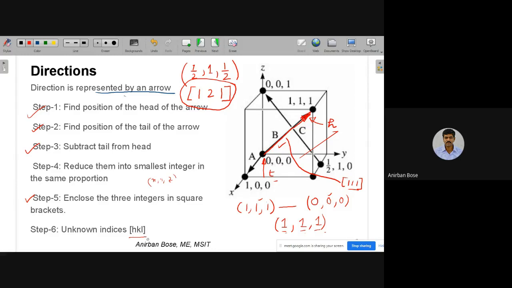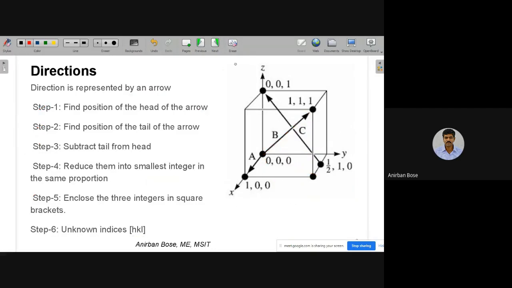These are certain conventions, that's all. Now, if you have any query regarding direction, please tell me. Is it clear to everyone? If it is clear, then find out what will be the Miller indices for this direction I am showing in green.